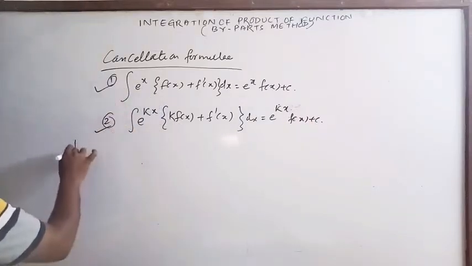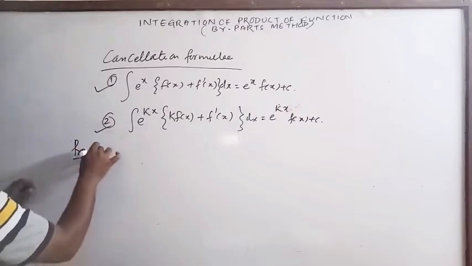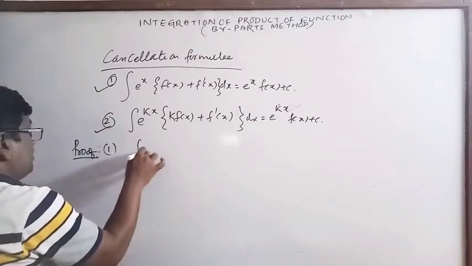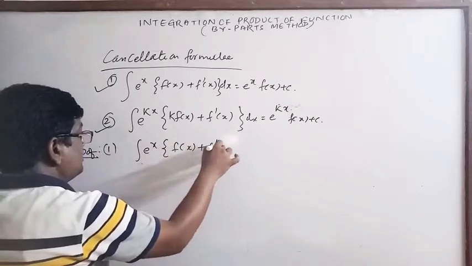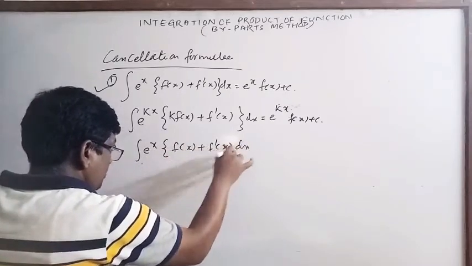Now proof of 1. So integration of e to the x into (f of x plus f dash x) dx.